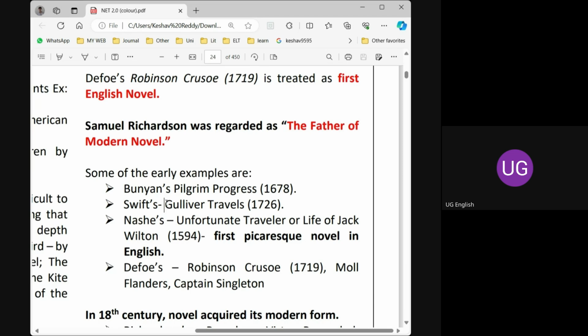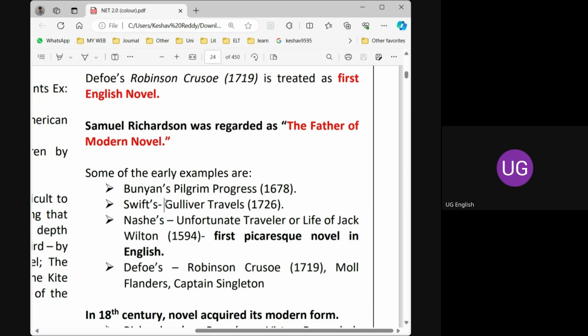And we also have Brobdingnagians, taller than a tall tree, like palm tree giants. And we have another two travels also. We'll discuss it elaborately. Just remember this work as an early example of the novel, and we have Lilliputians in it. Don't forget that.